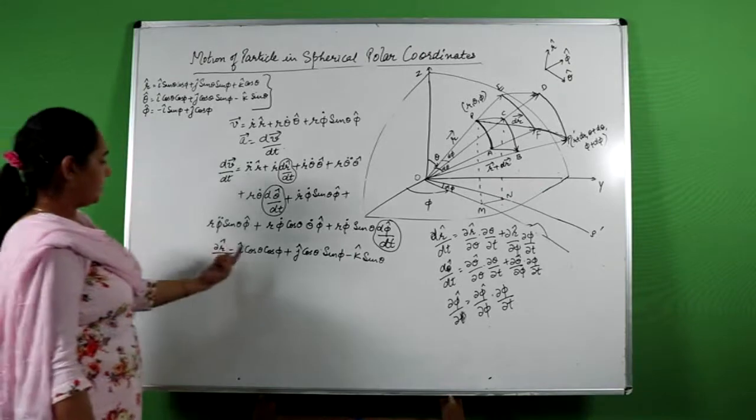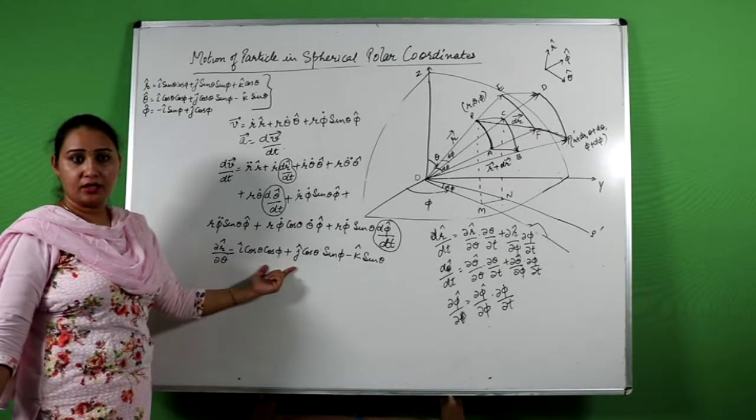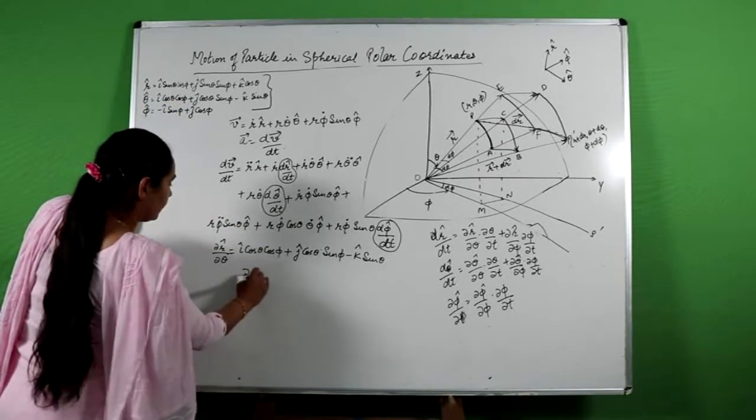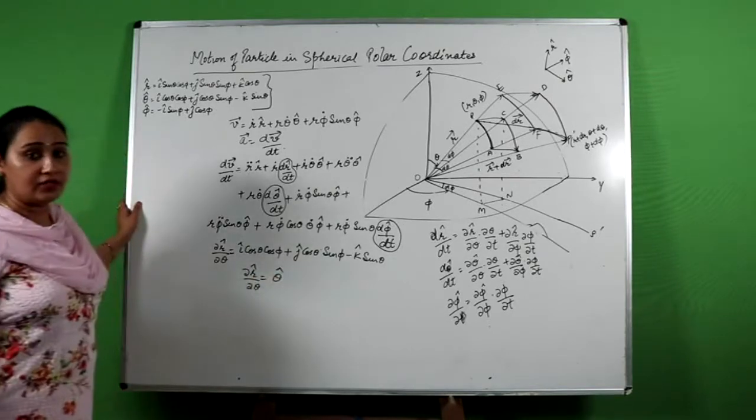Now if I clearly see this, what it is giving me? It is giving me the value of theta cap. So curly r cap by curly theta is basically my theta cap.